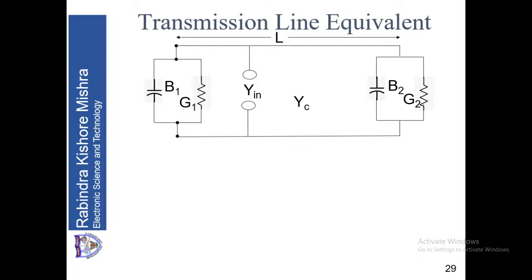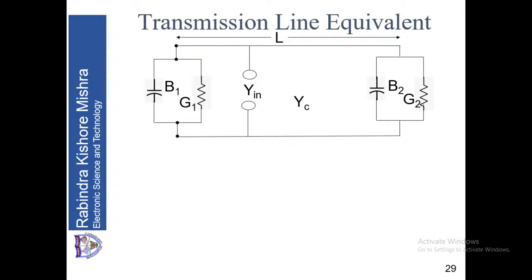Admittances add in parallel, and series adding is for impedance. So algebraic addition will be easier. Therefore, we will find Y in, the input admittance. Then we can invert that, because Z in is equal to 1 upon Y in. So first find the equivalent Y in, then we can find Z in.